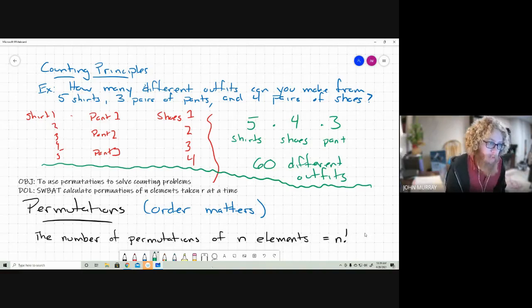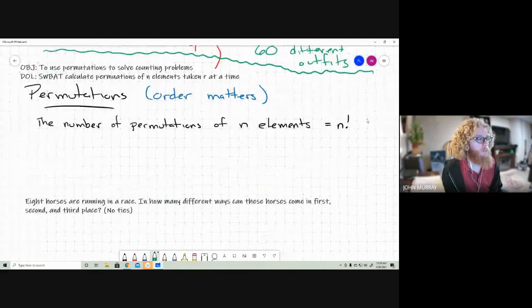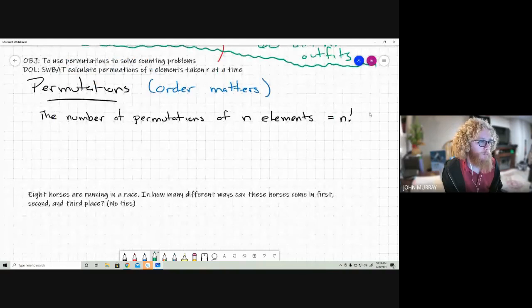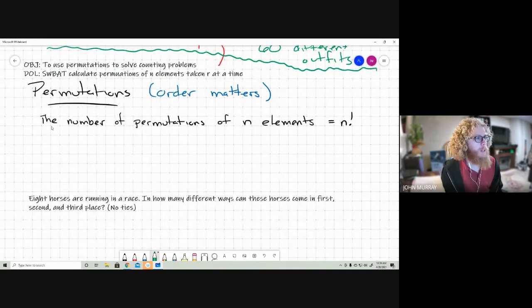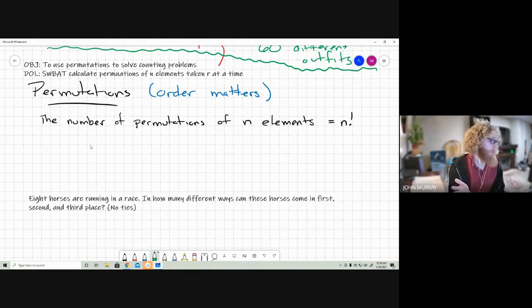Continuing with what we did yesterday, going back to permutations, we found out that the number of permutations of n elements is equal to n factorial. So if I have 20 shirts and I want to find how many different ways I can organize them, the answer would be 20 factorial, which would be a very large number.